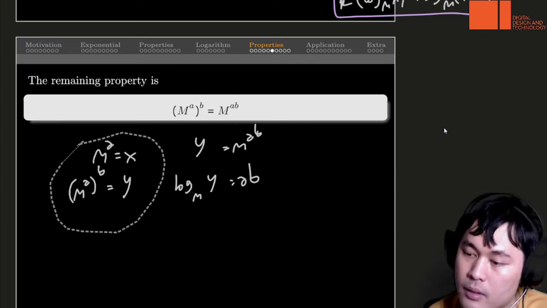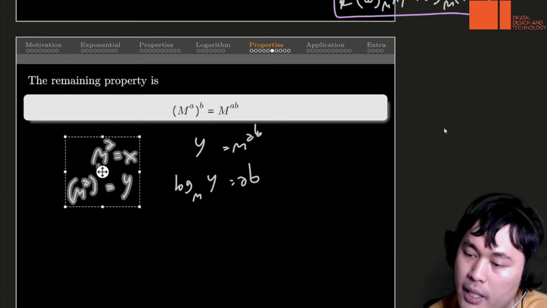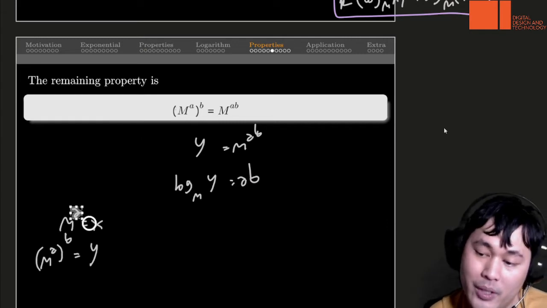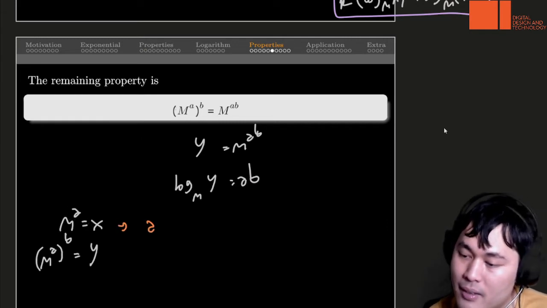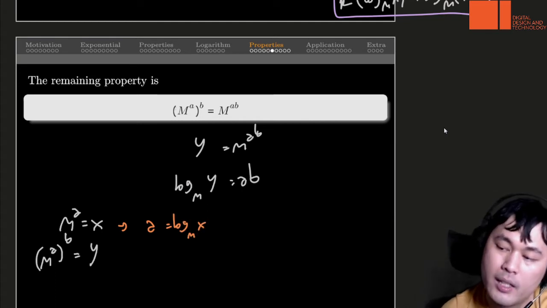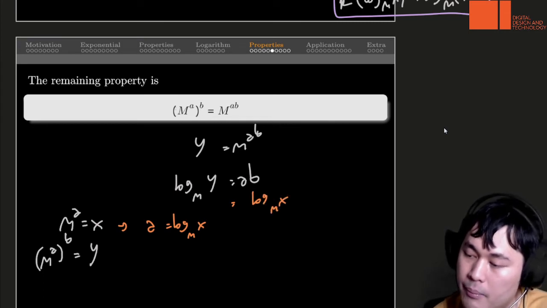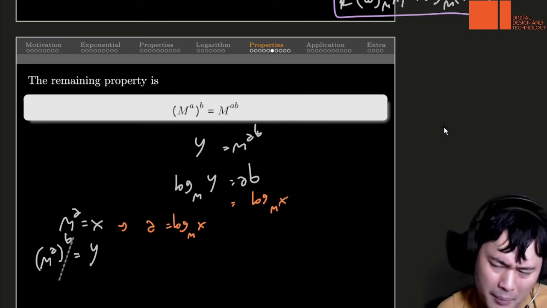And here we can see that we've moved this. Okay, m to the a is x, implies that we can take log base m to get the base down. So we get log base m of x equals a. But what about b?